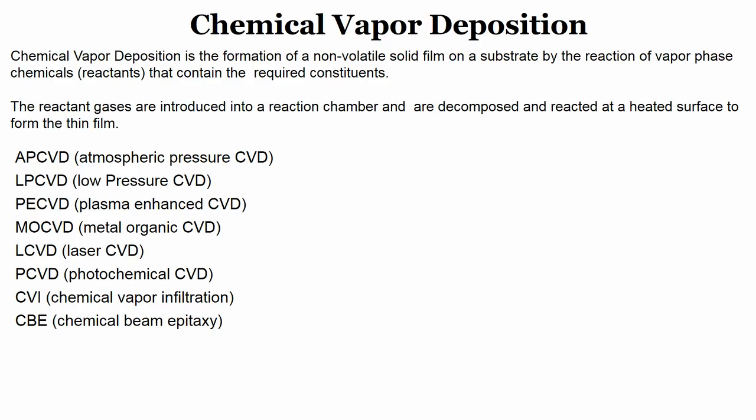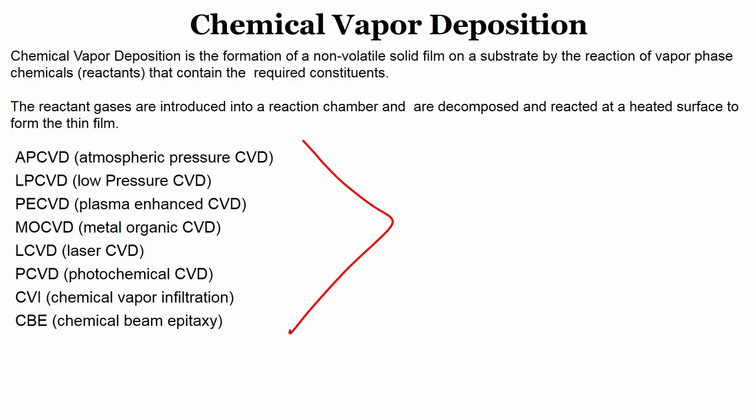So, what are the kinds of chemical vapor deposition? See, it is mind boggling. There are so many kinds: atmospheric pressure CVD, low pressure CVD, plasma enhanced CVD, metal organic CVD, photochemical CVD, laser CVD, chemical beam epitaxy, chemical vapor infiltration, so many kinds of CVDs.